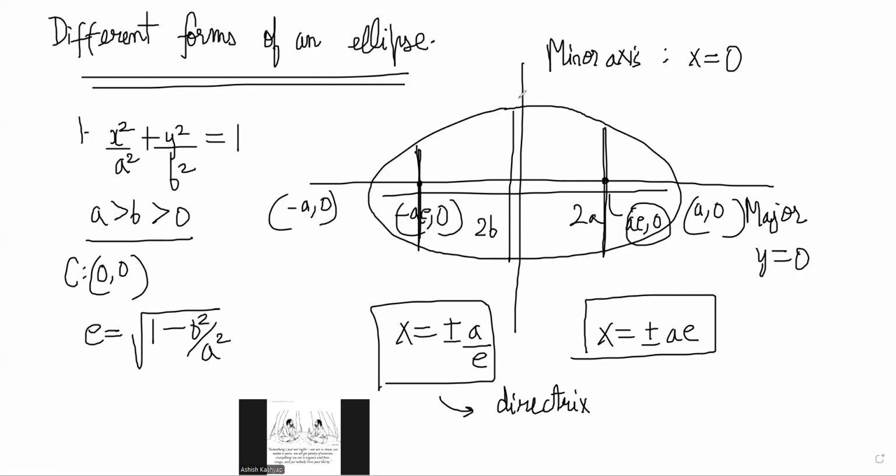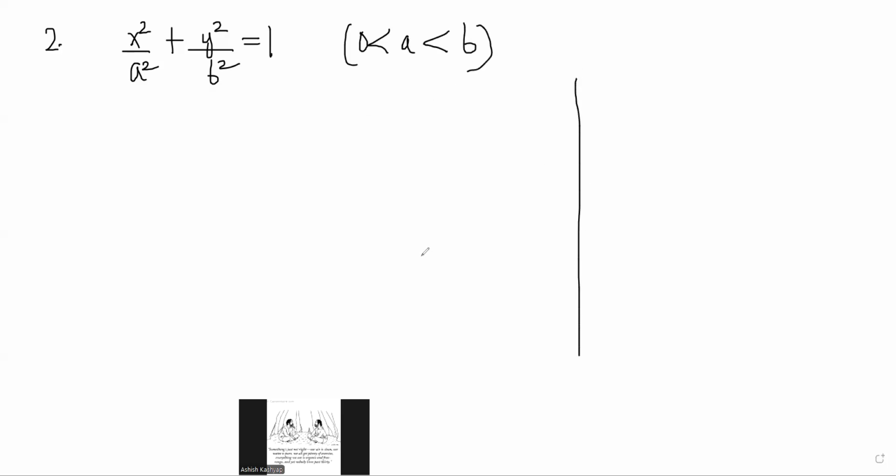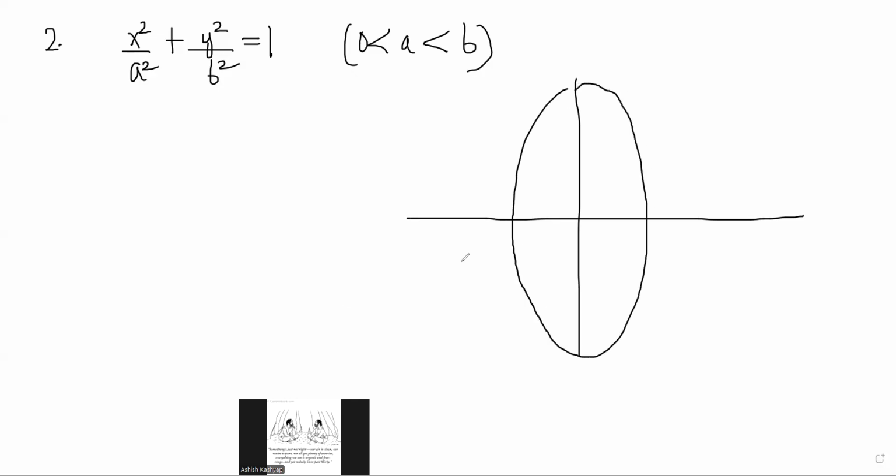Now we will look at a different form where a is not greater than b, right? So the second form is x square by a square plus y square by b square equals 1, where 0 is less than a and a is less than b. And here everything is reversed and the y-axis becomes your major axis and the x-axis becomes your minor axis, right? So here the center is still 0, 0.